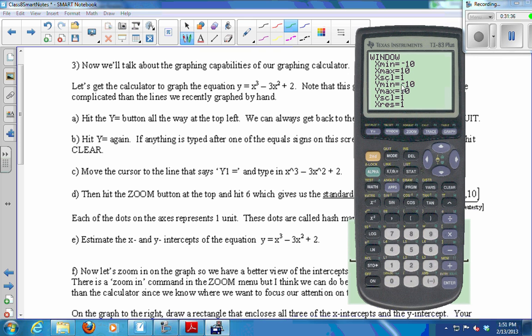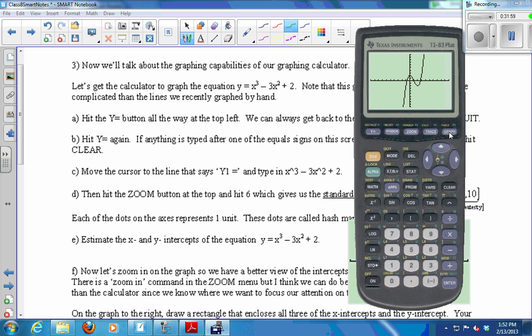And you can just leave x scale and y scale at 1. I never change them. So once your window looks like this, press graph. And we get a picture.